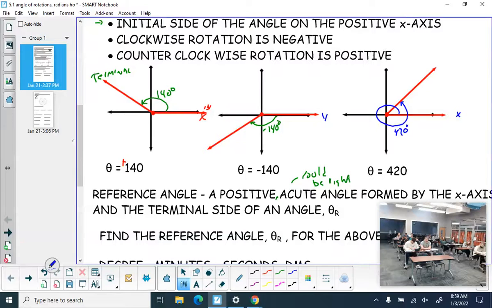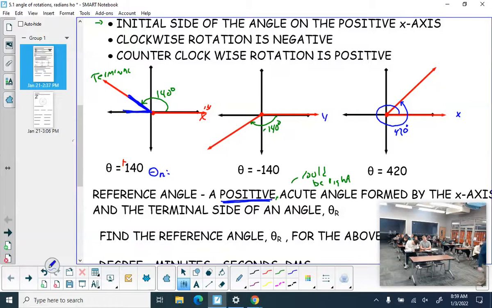So if we take a look at our theta reference up here, we are looking at the terminal side and the x-axis. Now it doesn't say the positive x-axis, it just says the x-axis. And the angles that we're going to be dealing with respect to reference angles are always going to be positive.